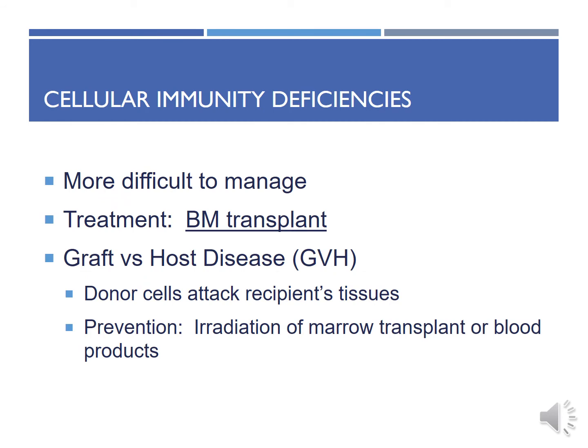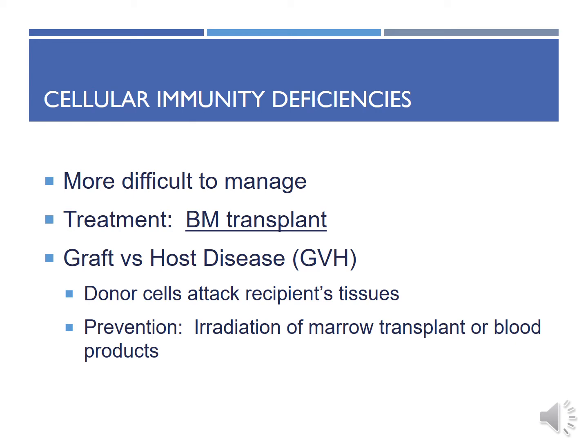When we talk about cellular immunity deficiencies, one of the biggest issues with somebody that has this T-cell deficiency is that they are very difficult to manage. They just can't get a shot of antibodies to help them fight this deficiency.